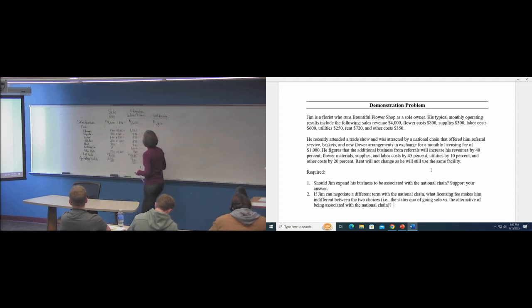Okay, so then I focus my attention on the difference column, and I just do the difference between each, right? The difference between 800 and 1,160 is 360. The difference in supplies is 135. Additional 270, 250, 1,000 and 70.